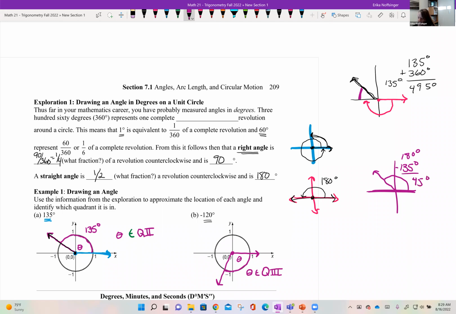So knowing that this right here is 45 degrees, I know my negative 180, again, we're going clockwise, plus that negative 45, that's going to give me negative 225 degrees. So one answer was the 495, and we just came up with negative 225 degrees is another angle that would give us the same terminal side.